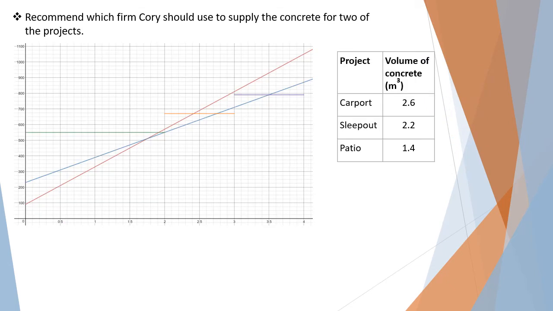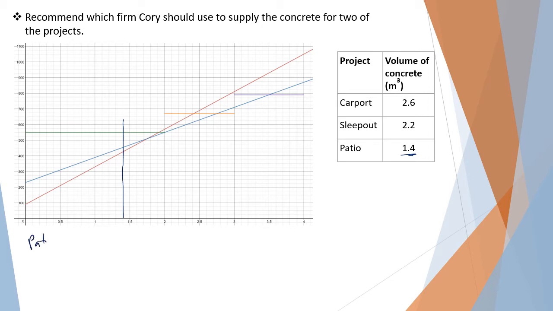The next question is to talk about which firm we should use for the different projects. So we look at the patio, 1.4 cubic meters. Here's 1.4 cubic meters. Which is the cheapest firm?